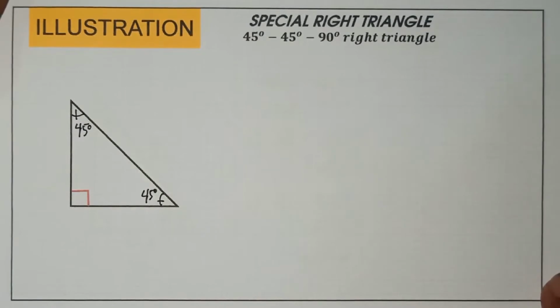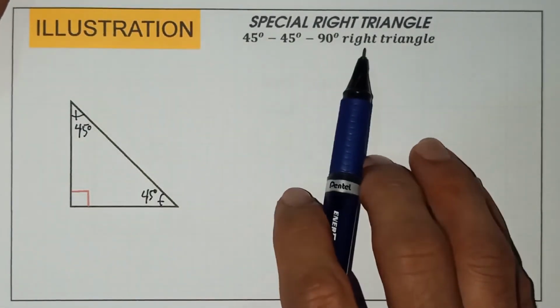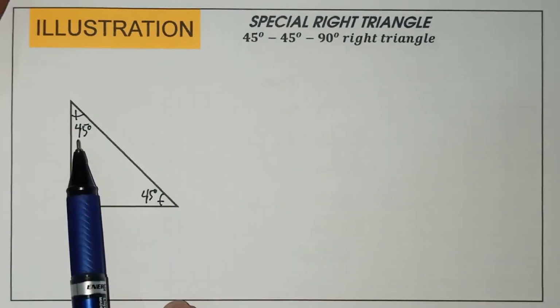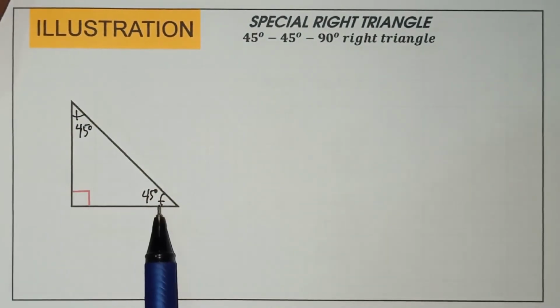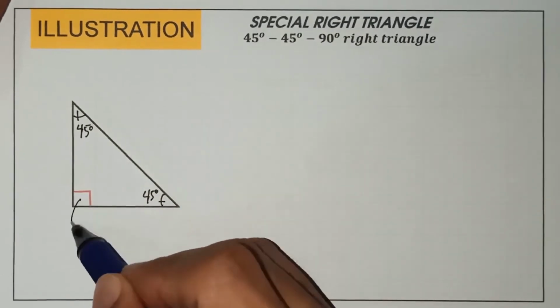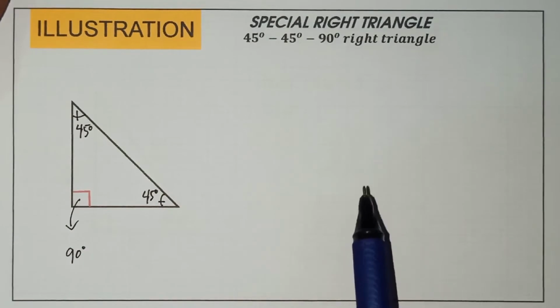Another special right triangle is the 45-45-90 right triangle. The two angles here measure 45 degrees and 45 degrees, and the other one is 90 degrees.